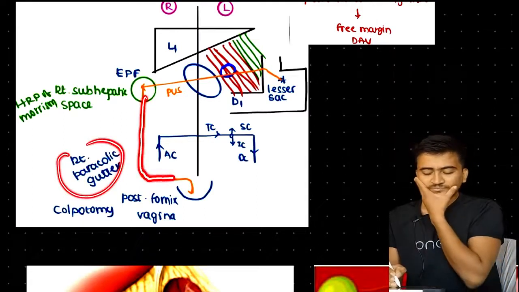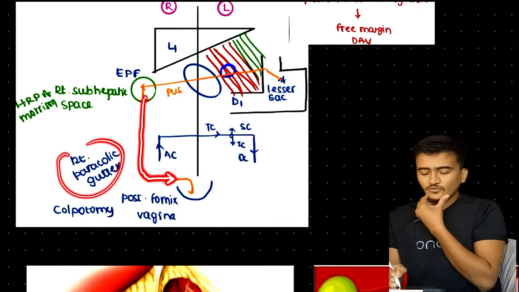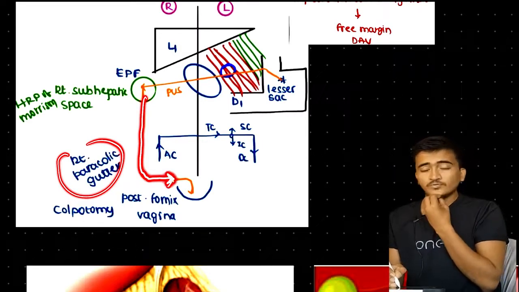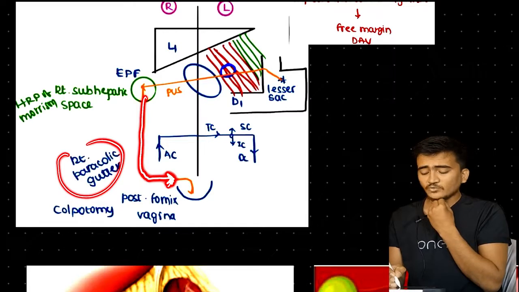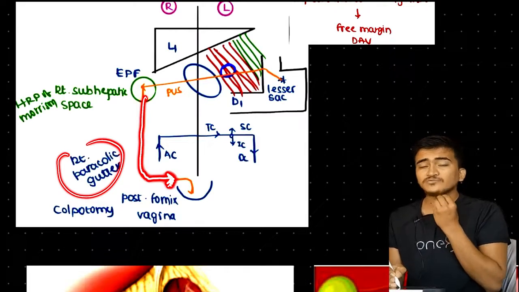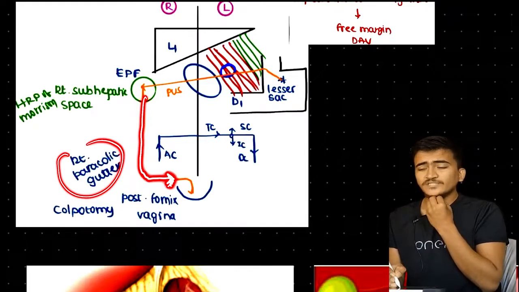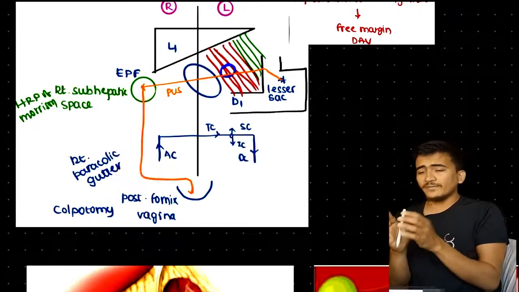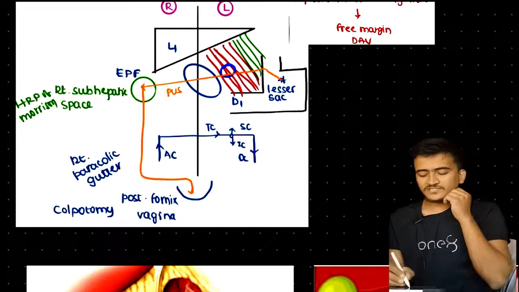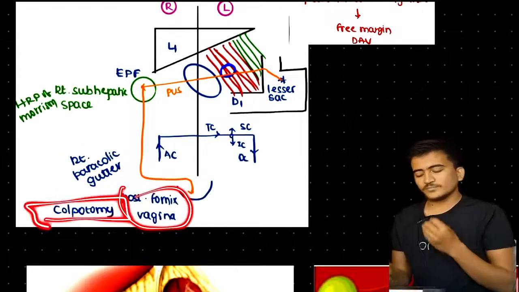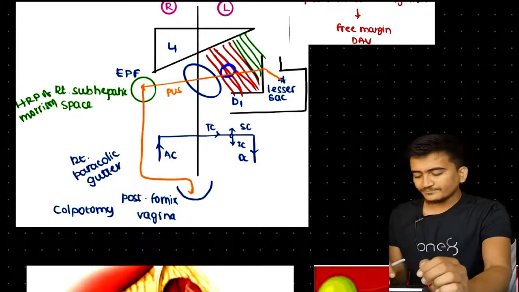It will come to the region of the pouch of Douglas. Now there will be a pelvic abscess. Now that pelvic abscess will be drained. How? By putting an opening in the posterior fornix of the vagina. Now this process is called colpotomy, right? This is what we studied.